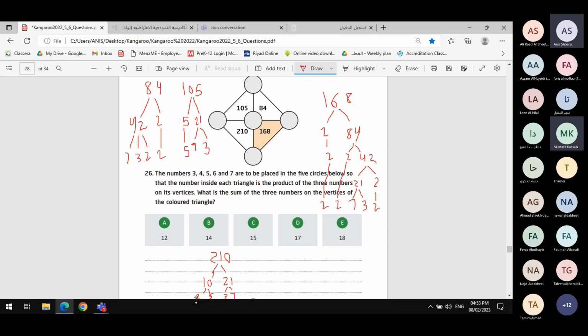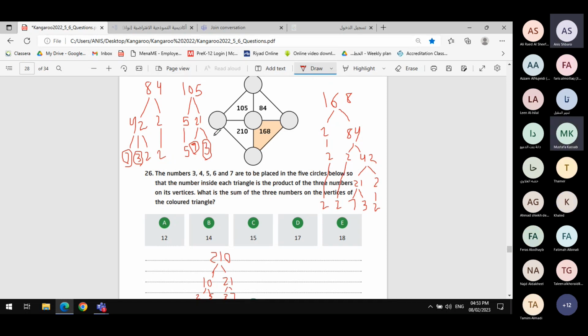Wait, 5 is not in 84. Okay, doesn't matter, we will work here. So between those two, I have the 7 and I have the 3. What else do I have common? 2, a lot of 2s, but they are not common with the 105. They are only in 84.